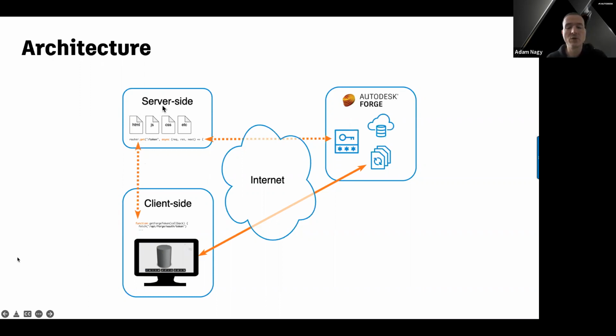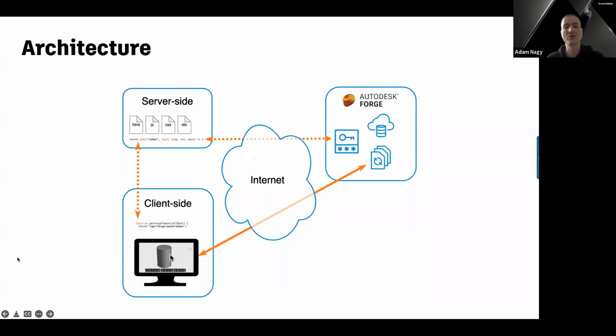And beyond that, it will also implement all the functionality related to communicating directly from the server to the Forge services, and then expose that functionality through various endpoints as part of controllers, which then can be called by the client side.